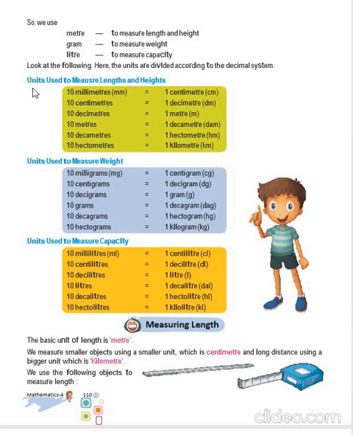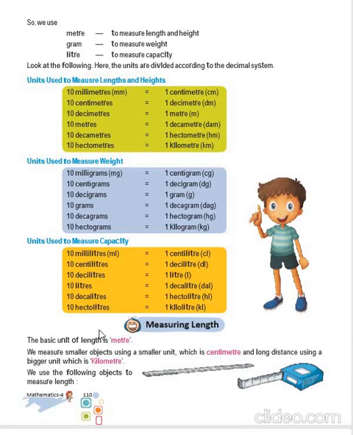These are the units used to measure lengths and heights, so you have to remember these. And these units are used for measuring weight. And these are the units for measuring capacity. So children, you have to remember all these conversions.